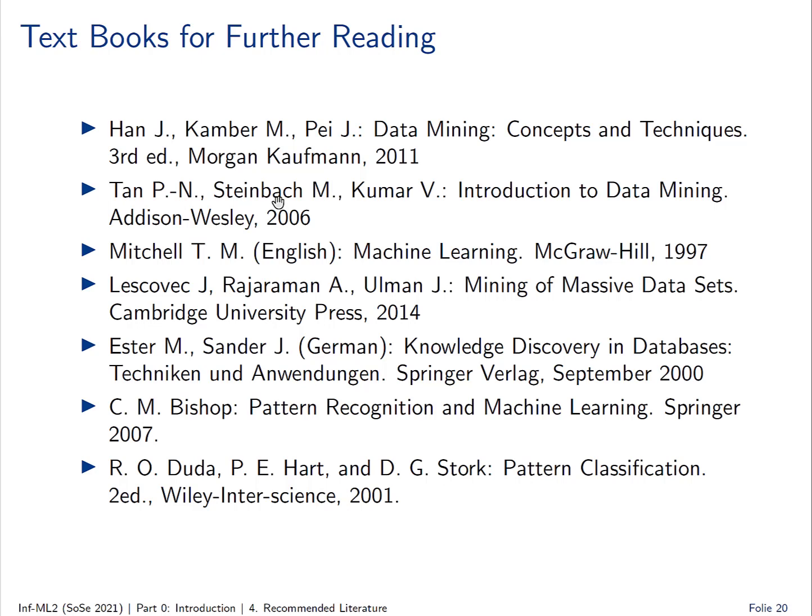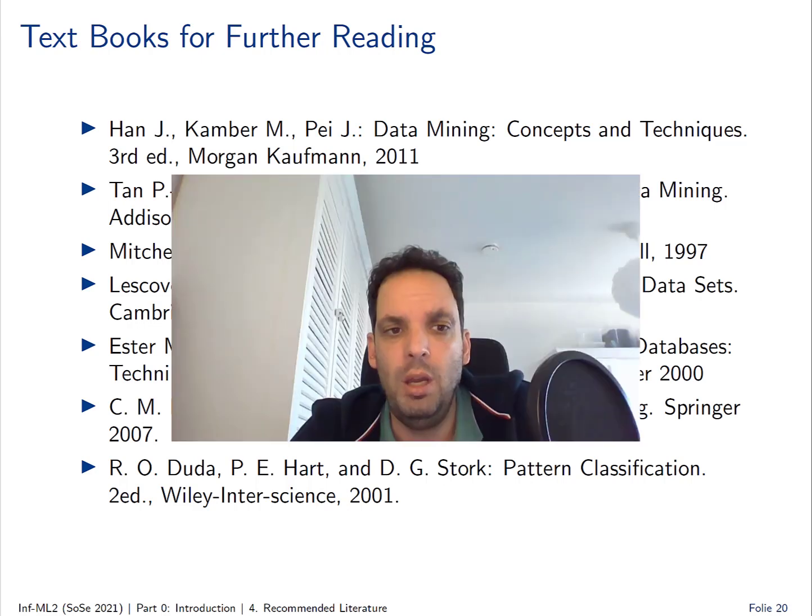We will probably also give you some literature through the individual lectures, because some of the content is really up to date and can only be read in the original papers, and we'll give you at least the references to these papers at the corresponding times. Okay, so that's it.